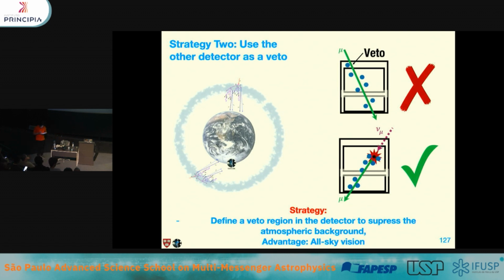Imagine that you have a neutrino that comes in like that and interacts here. It makes a splash of light, so there is a DOM hit here. This could have been a nu_e, and then I'm happy this is a neutrino. But this could also have been a muon neutrino, where the muon is going out.